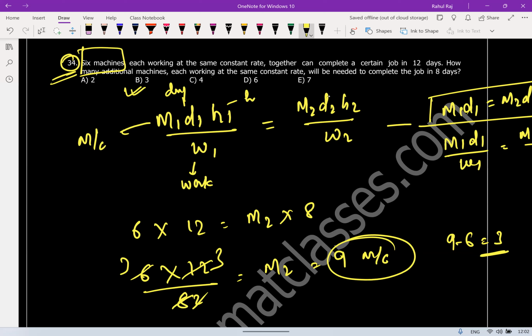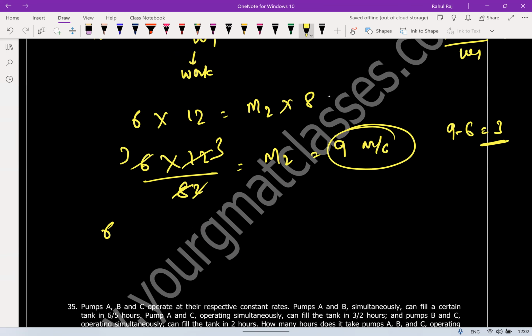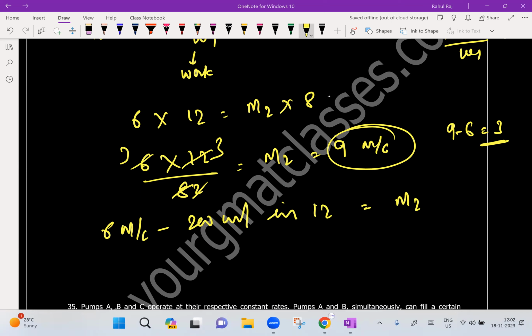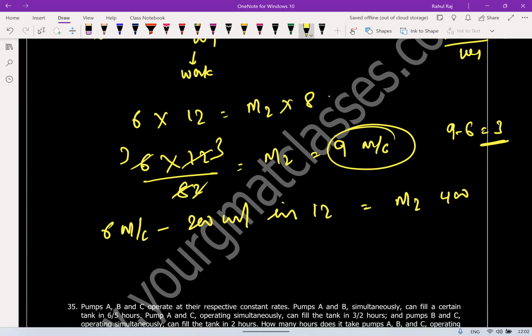Now, this question can be made very complex, saying that 6 machines can complete 200 units of job in 12 days. How many extra machines are required to complete 400 units of job in 15 days? Now, what will you do? If you don't know this formula, you will literally go mad.